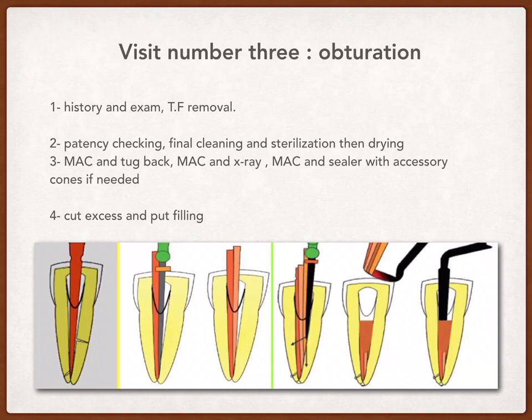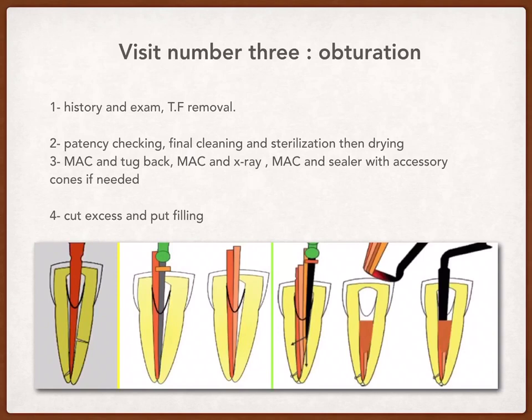That was the summary for the obturation procedure and the 3 visits of the endodontic treatment procedure. And as I have said before, we may do them separately if there is a periradicular disease, or we may do them collectively in one visit.